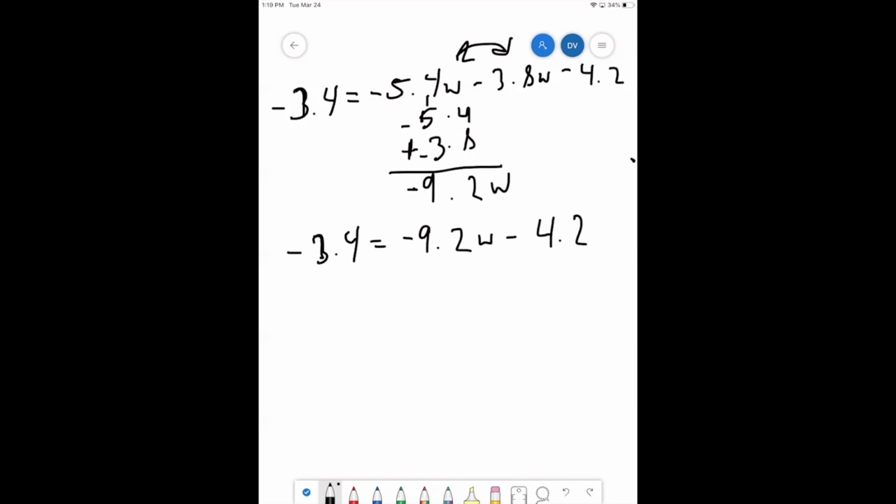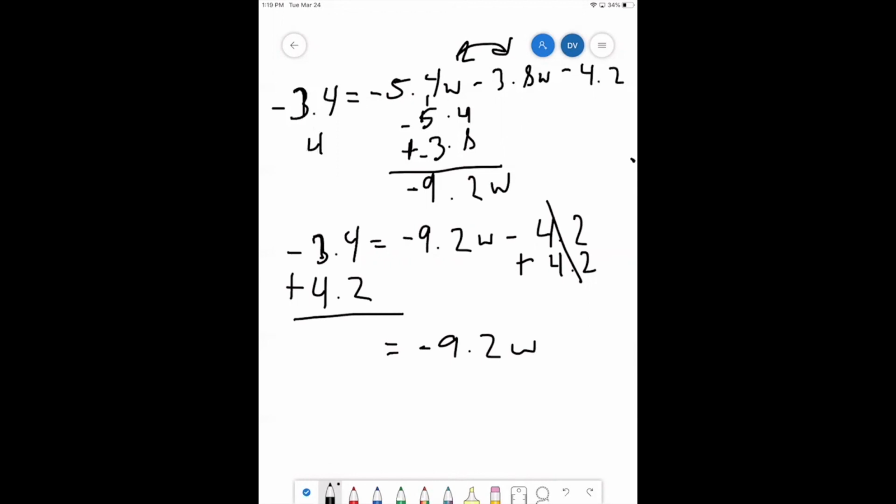We want to isolate the W, so we're going to add 4.2 to both sides. Cancels out. Plus 4.2. All right, so now we have negative 9.2 W equals, so we could do it like this.